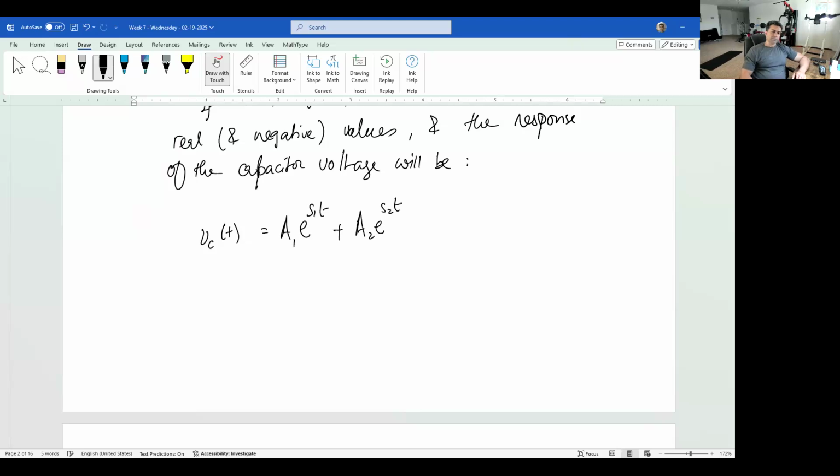S1 and S2 are going to be negative values. So both are going to be exponentially decaying functions.